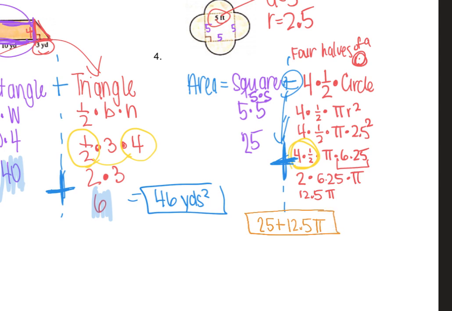The other way you can do it is you can multiply the 12.5 by the 3.14, and you can get 25 plus 39.25, which is equal to 64.25, which rounds to 64.3. And in both of these, I have feet, so I am working with feet squared at the end.